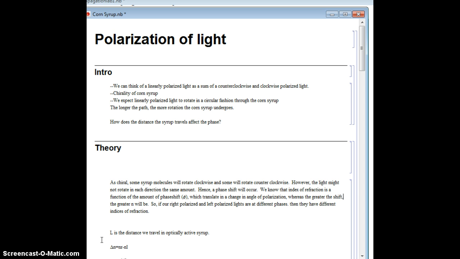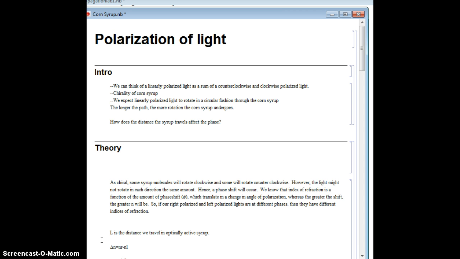So as chiral, some syrup molecules will rotate clockwise, some counterclockwise. However, the light may not rotate the same in each direction, and then a phase shift occurs. Now, what's interesting is that phase shift and index of refraction are directly related, where the more a substance shifts something's phase, the greater its index of refraction.